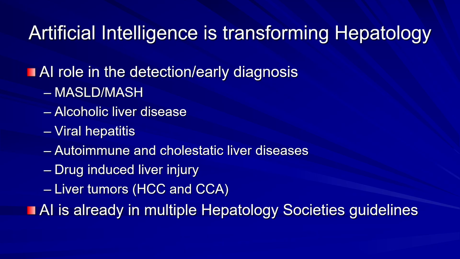Very briefly, AI seems to be very helpful, very promising in the detection and early diagnosis of metabolic dysfunction-associated steatotic liver disease and steatohepatitis, alcoholic liver disease, viral hepatitis, autoimmune and cholestatic liver disease, drug-induced liver injury, and in the detection and early diagnosis of liver tumors, hepatocellular carcinoma and cholangiocarcinoma.